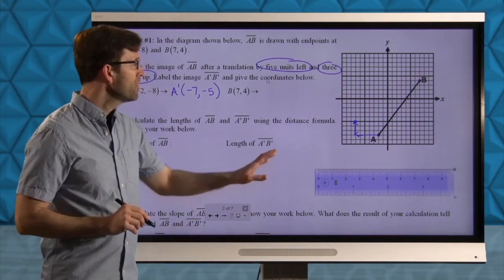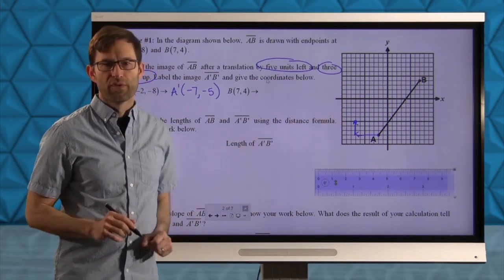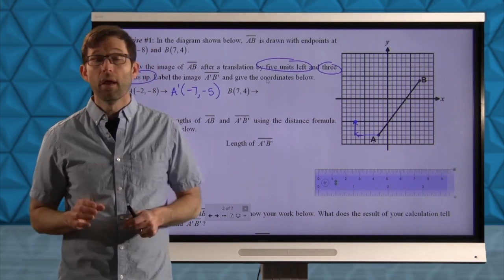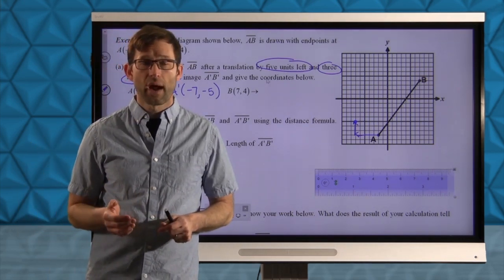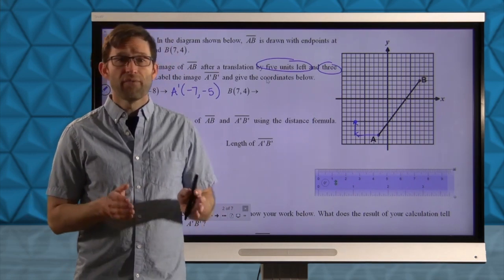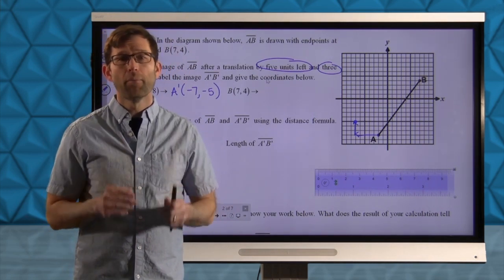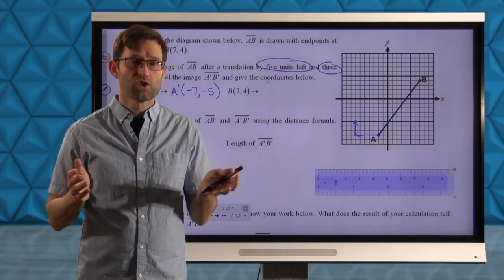Now, we can certainly do that graphically, but what's nice about translations in the coordinate plane is you can really just do them with adding and subtracting, where shifts to the left and down represent subtraction, and shifts to the right and up represent addition.